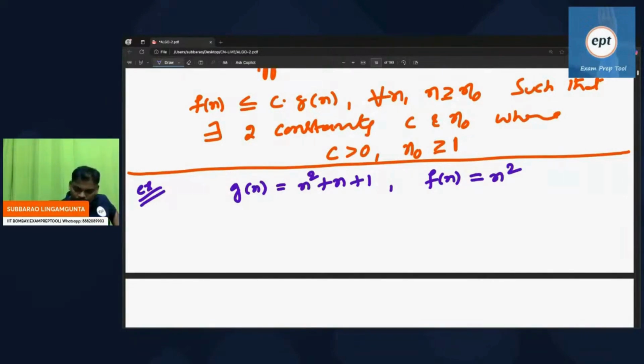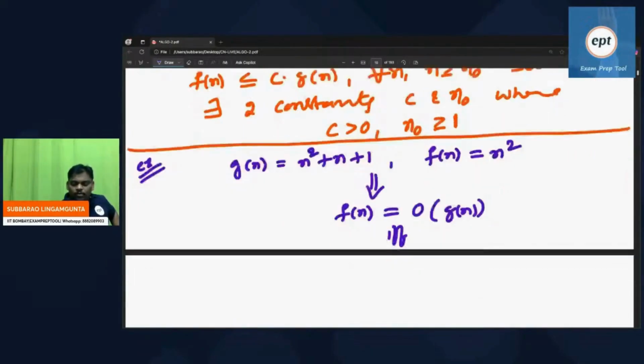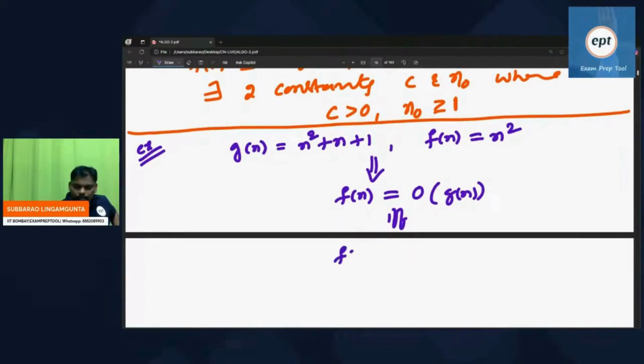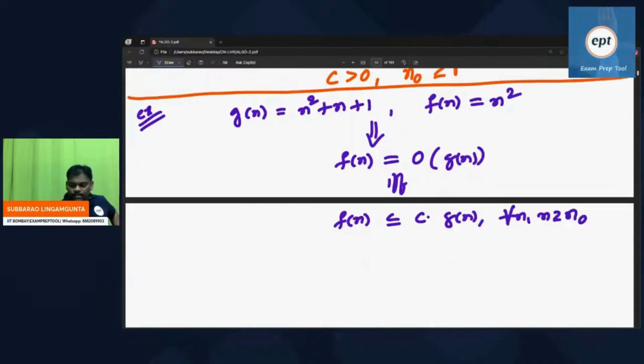Now listen. If this is the question, I want to say f of n is big O of g of n. If and only if you want to say this, you have to satisfy this condition. What is the condition? F of n less than or equal to some c into g of n for all n where n is greater than or equal to n0. Let me try whether it is satisfying or not.